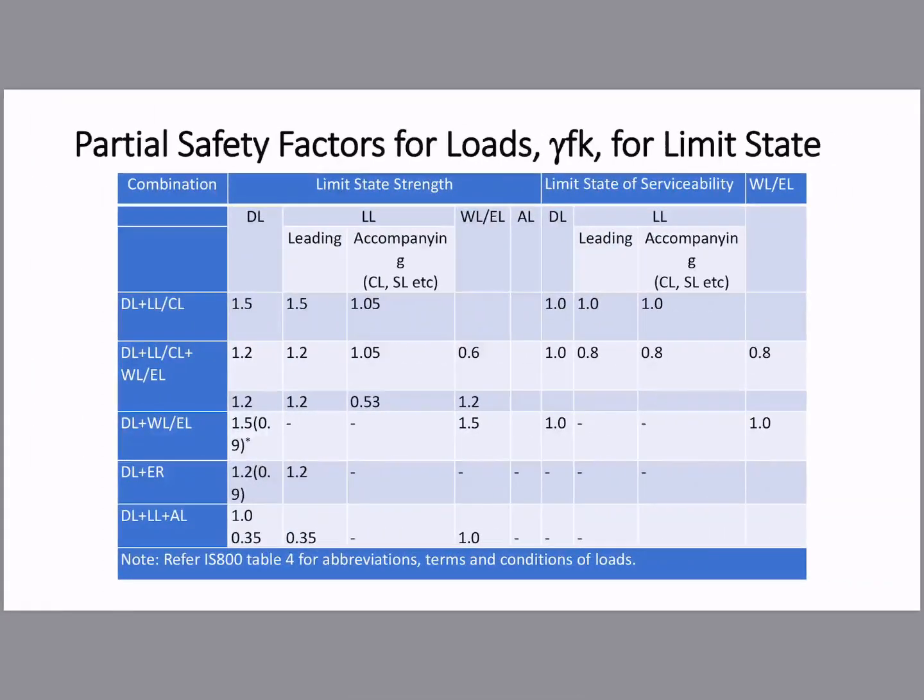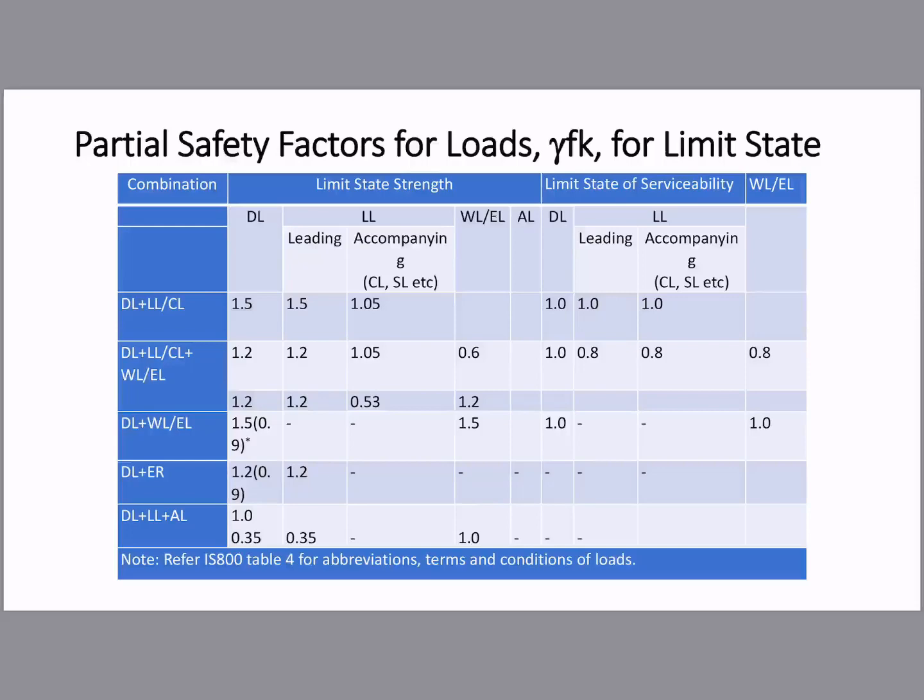Partial safety factor for loads. So what are these partial safety factors? Generally, when you estimate the loads on the structural members, we also multiply by some factor of safety in order to avoid unexpected loads and make a safe design.